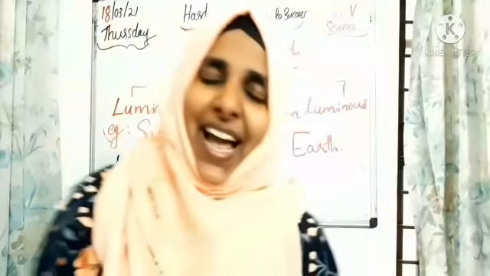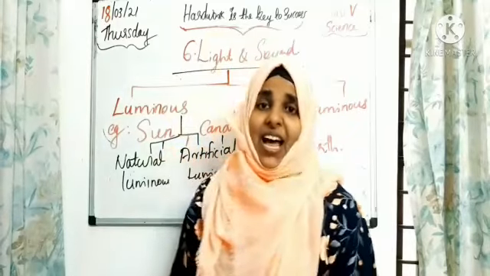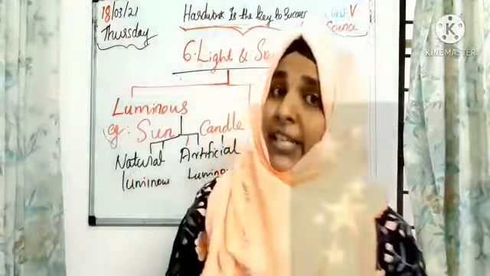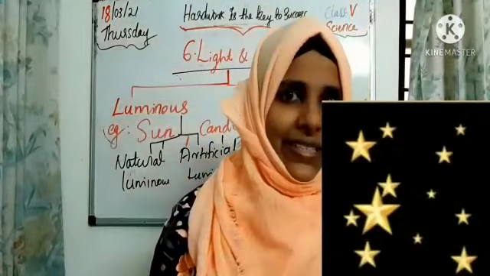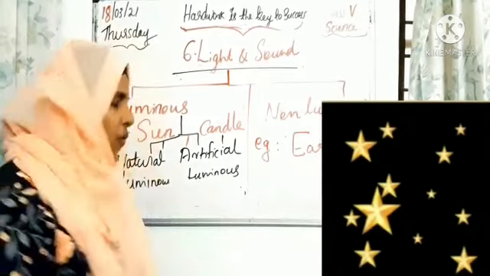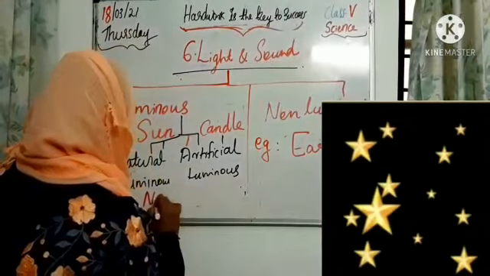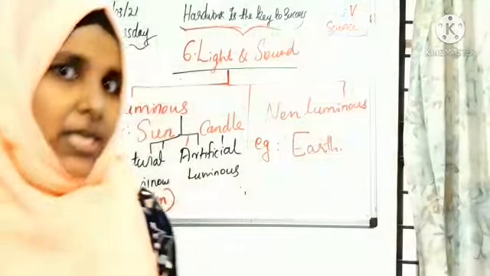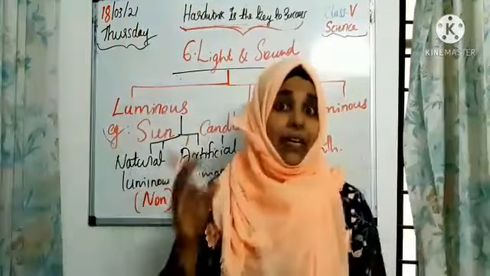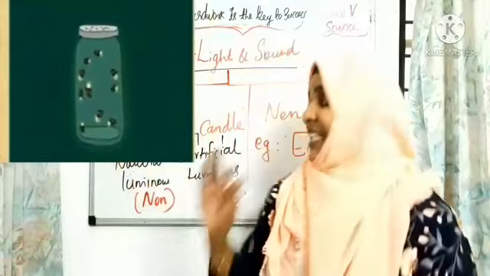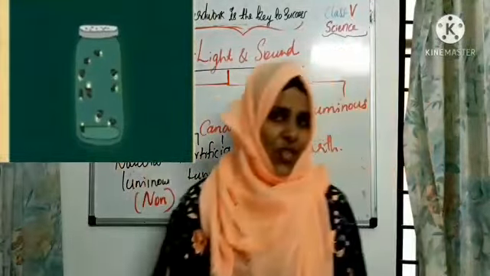Sun and star, these are the natural luminous objects. These are the natural source of light, is it? Are they living, children? Sun and star? No. These are the non-living natural luminous objects. But glowworm and fireflies, these are the living natural luminous objects.